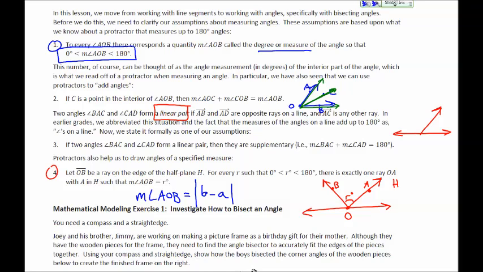So for example, we're used to working with this being 0 degrees. If ray OA has an angle of, let's say, 60 degrees, and ray OB has an angle of, let's say, 140 degrees, then the measure of angle AOB in this picture will be the absolute value of 140 minus 60, which is equal to 80 degrees.